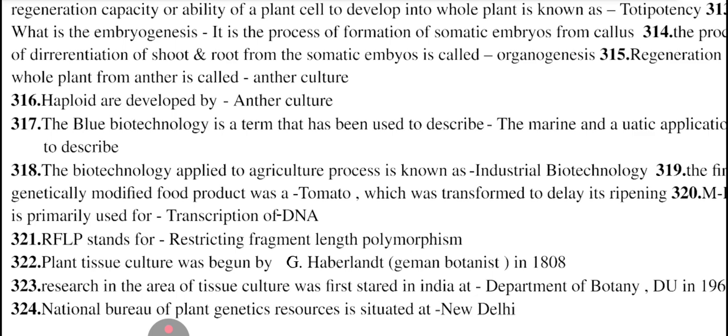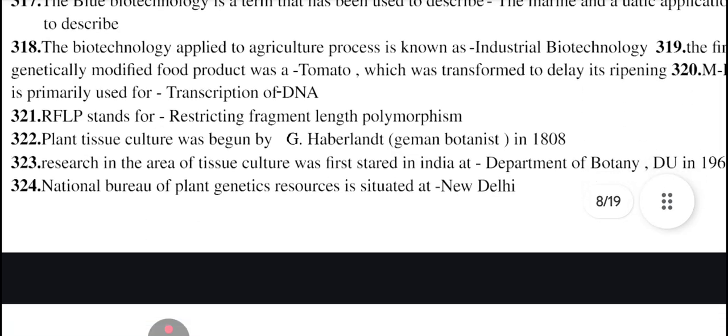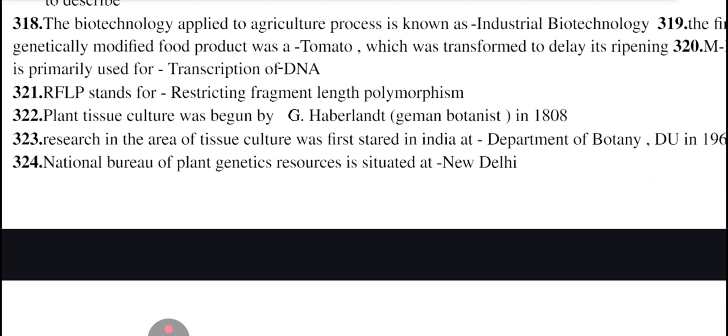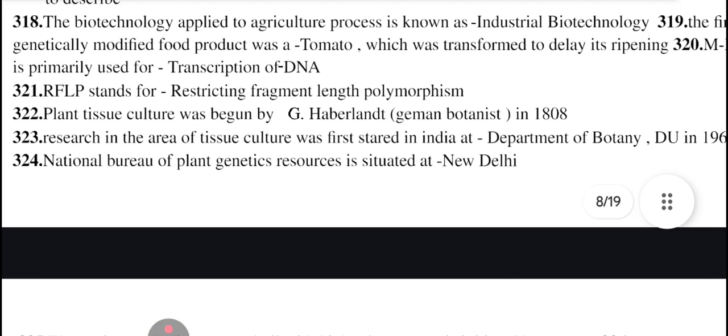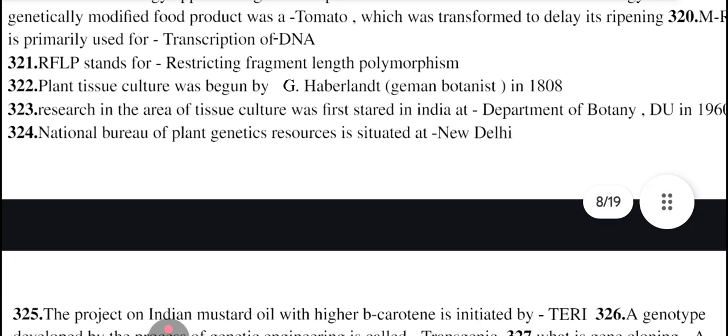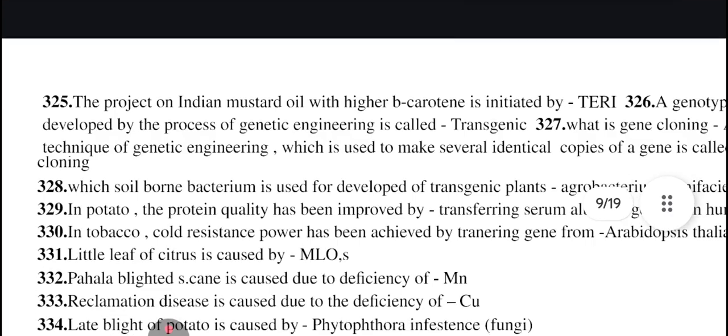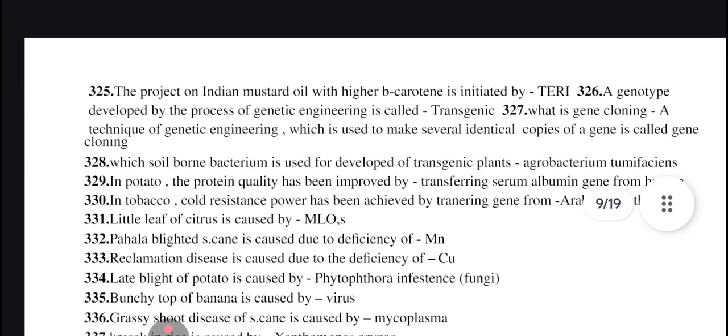Plant tissue culture was coined by Haberlandt, who is a German botanist, in 1898. Research in the area of tissue culture was first started in India at Department of Botany in Delhi University in 1960s. National Bureau of Plant Genetic Resources is situated at New Delhi.